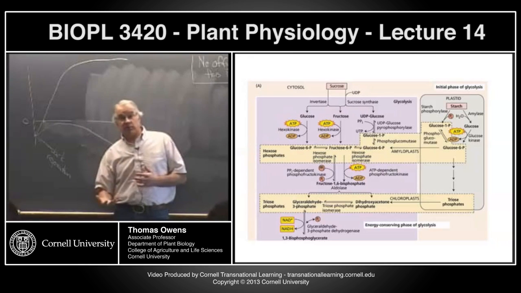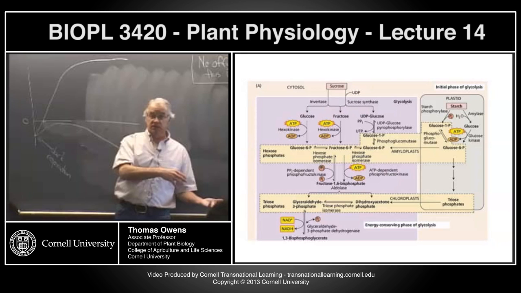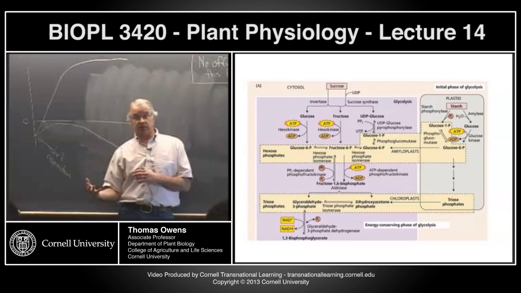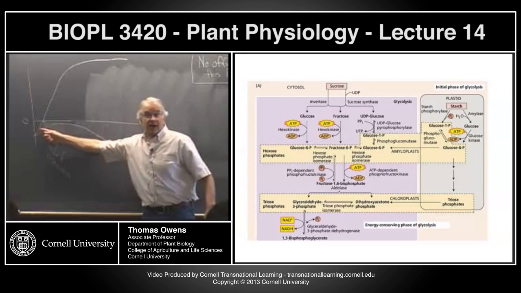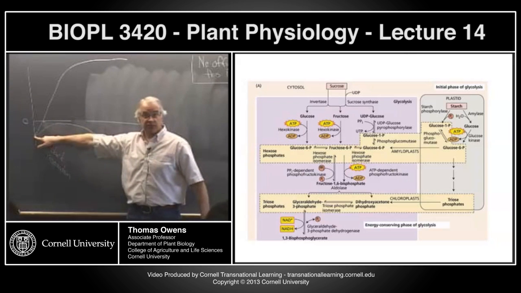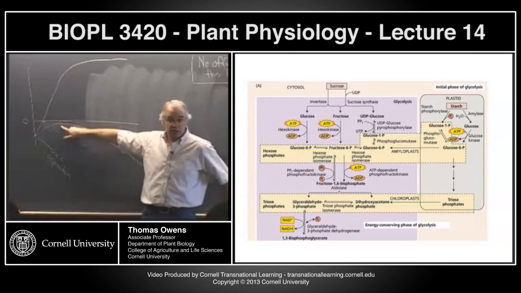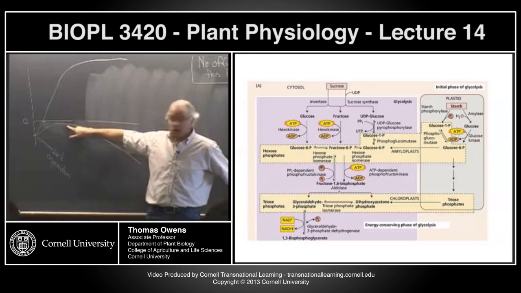Using stable isotopes, it's easy to separate out oxygen production in photosynthesis versus oxygen uptake in respiration. So this is a graph of the actual oxygen uptake associated with respiration. Dark respiration right here, that oxygen uptake decreases but doesn't go to zero at low light intensities.